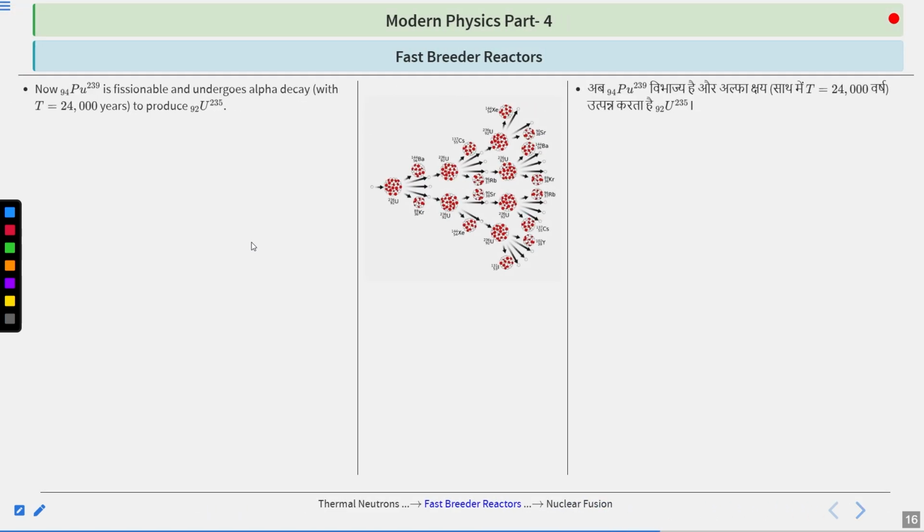Now, plutonium-239 is fissionable and undergoes alpha decay with a half-life of 24,000 years to produce uranium-235.